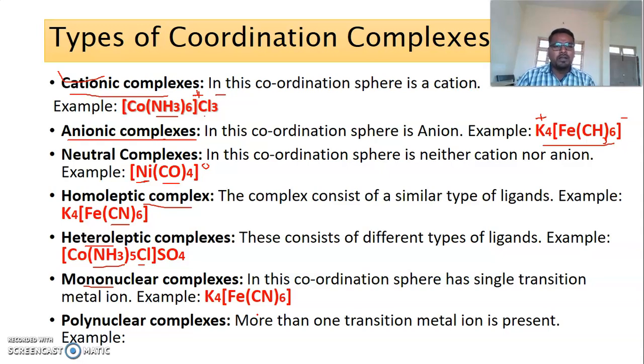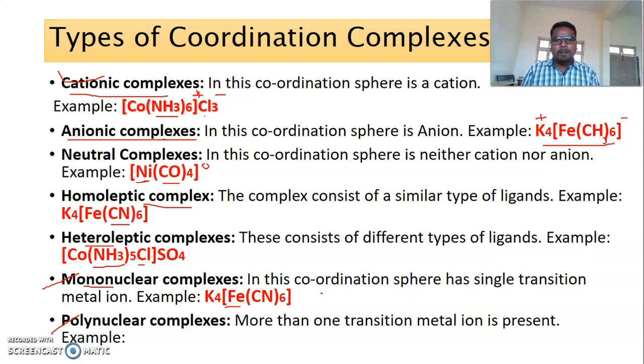Sometimes more than one central metal ion is present in a coordination sphere. Based on that, we classify into mononuclear and polynuclear coordination complexes. In mononuclear only one metal ion is present, but in polynuclear more than one central metal ion is present, which I am going to discuss a little bit later.